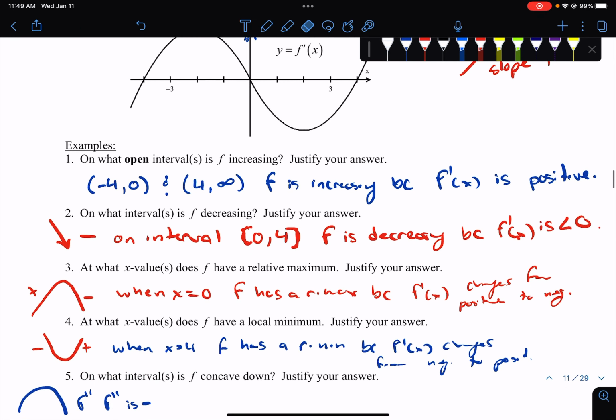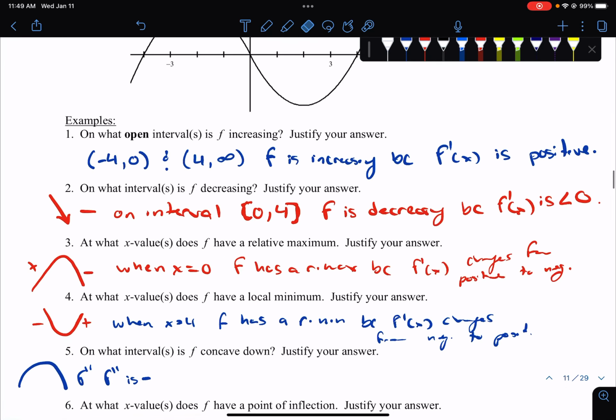So if f double prime is negative, if my next derivative is a negative number, then that means that f prime had a negative slope. That's why f double prime is a negative number. So that means f prime is decreasing. So let's look at our f prime up here.